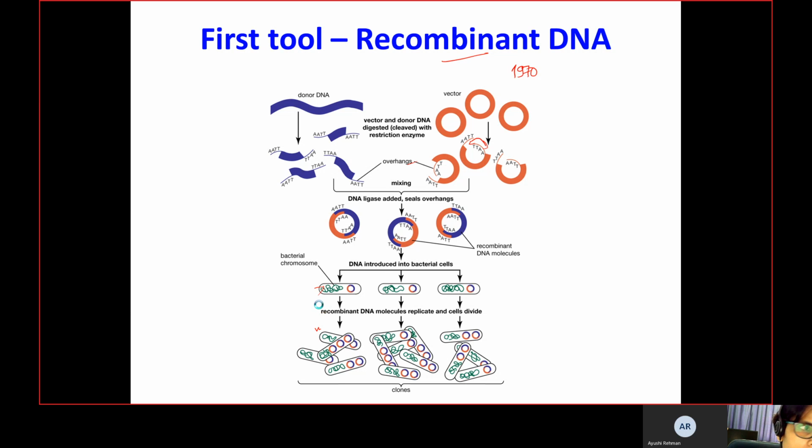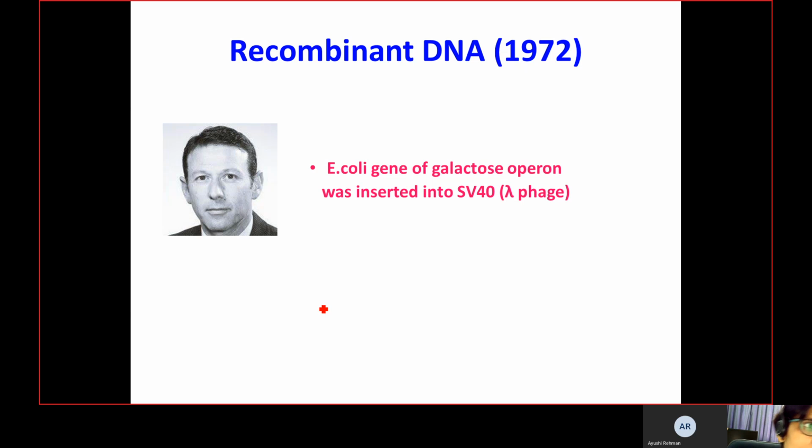And the first person to construct a recombinant DNA molecule was Mr. Paul Berg. He had ligated two DNA pieces, one coming from an E. coli gene and another from SV40 phage, for which he received the Nobel Prize in 1980.